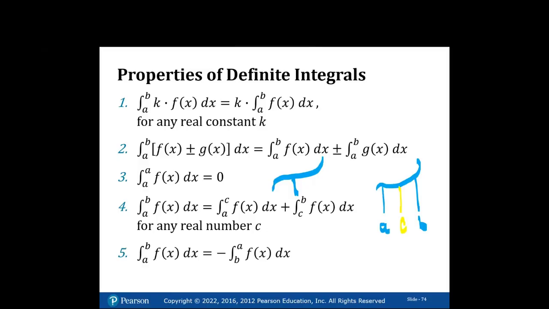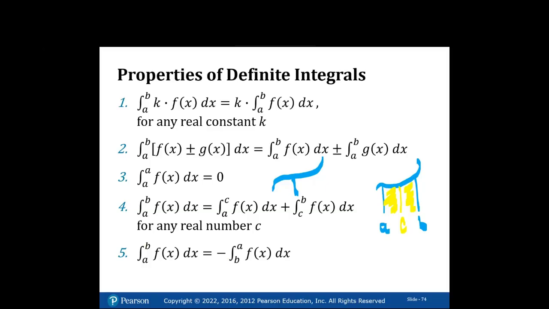And then this integral can be broken up into two pieces. I can have this integral plus that integral, and it's going to be the same. And that's true for any c. I could pick a c way out of the range. But when I take those two integrals, it is still going to work, and I'm going to get the same answer. And this last one here, 5, that's what I was talking about. If you flip the bounds, if instead of a to b, I do b to a, it's the negative version of that.